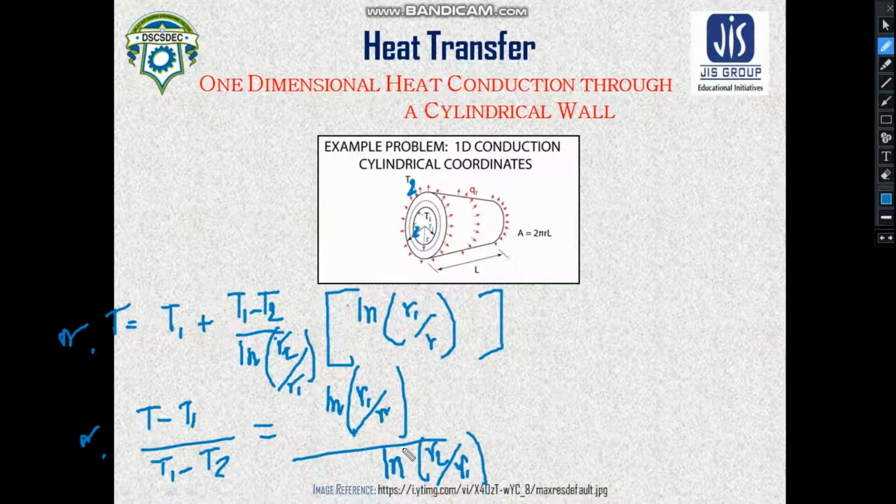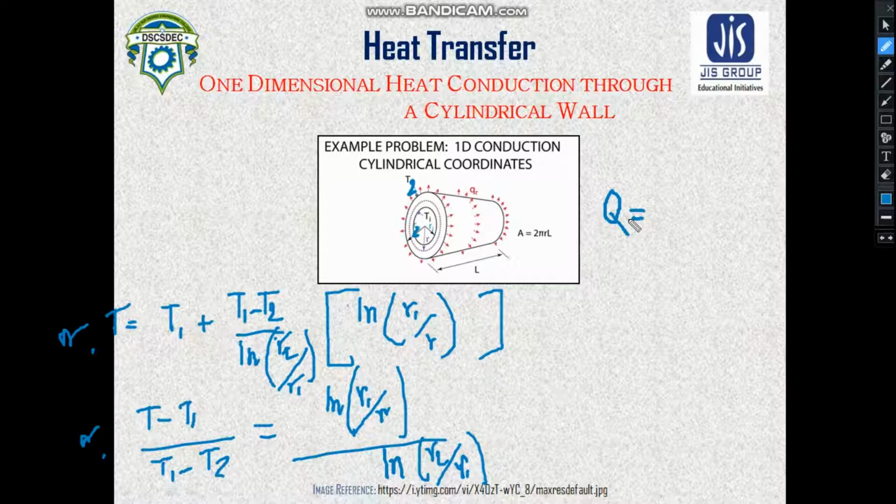Now we'll be interested to find the heat transfer through this cylindrical wall. From Fourier's law, you know that the heat flux will be proportional to the temperature gradient in the radial direction. The radial direction is specified because of the cylindrical coordinates.